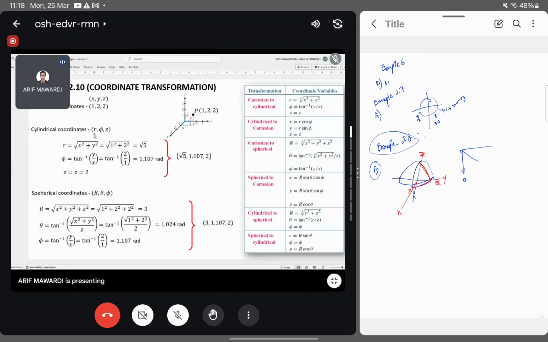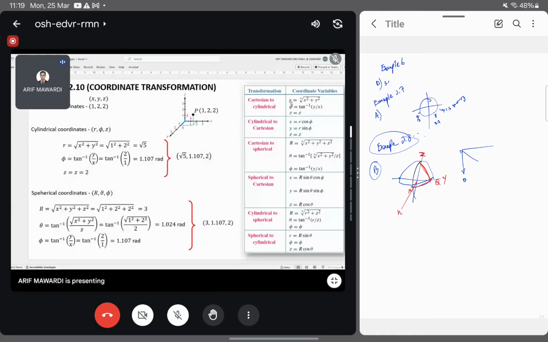The way to do this is, since we want to go from the Cartesian coordinate system to the cylindrical coordinate system, we refer to this table here. We should use this one because we want to go from the Cartesian coordinate system to the cylindrical coordinate system.